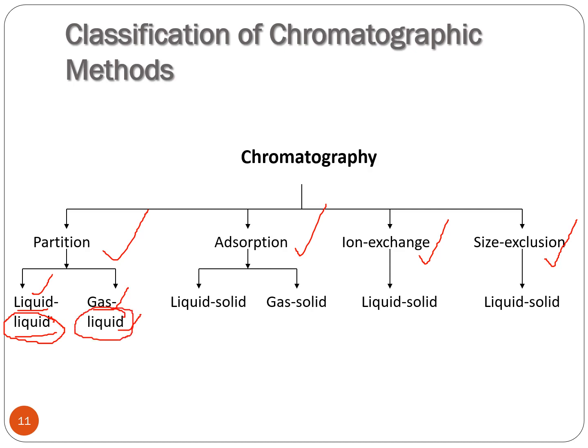Okay, while untuk adsorption, the stationary phase adalah dalam bentuk solid. Okay, sebab dia nak adsorb kan. Okay, so untuk ion exchange, mobile phase is liquid and the stationary phase is solid. For the size exclusion, also the same, liquid, solid.